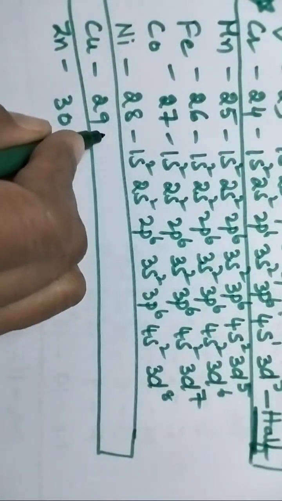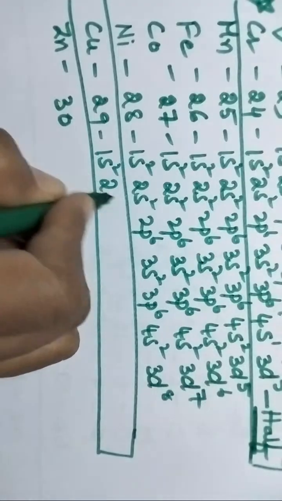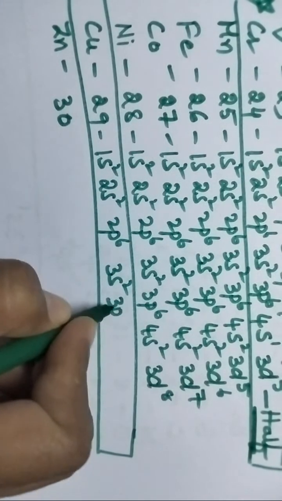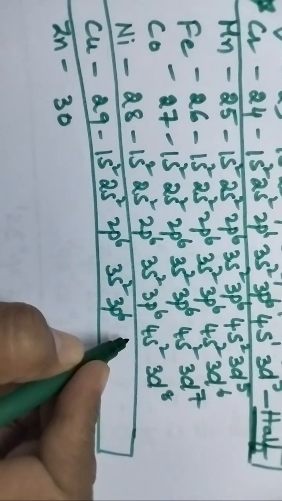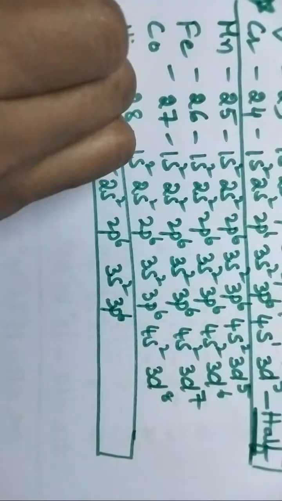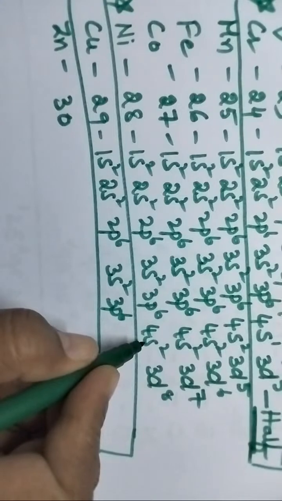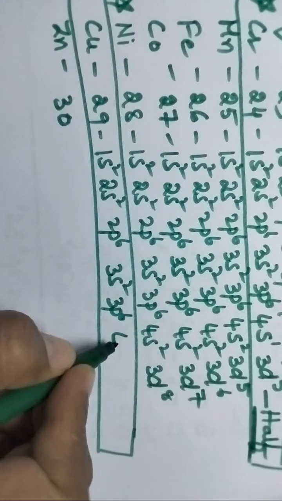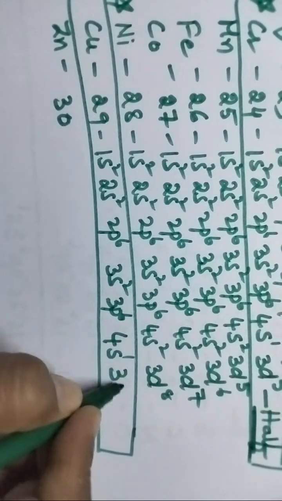Coming to the copper, its configuration is 1s2, 2s2, 2p6, 3s2, 3p6 and you should be very careful while writing the configuration of copper. So if at all one electron jumps from 4s orbital to 3d orbital, then it becomes 4s1, 3d10.